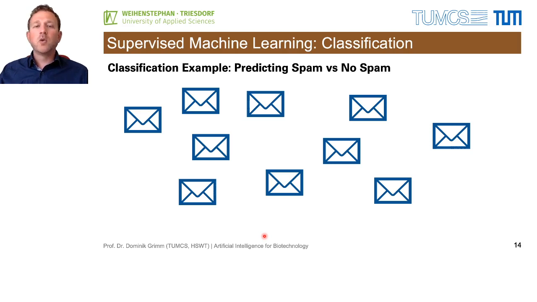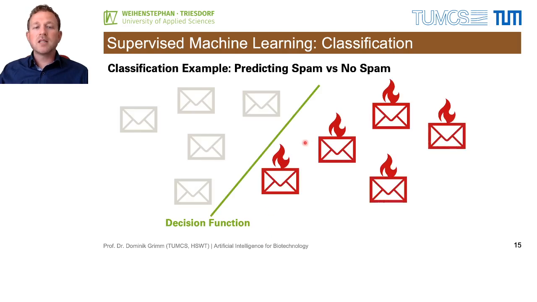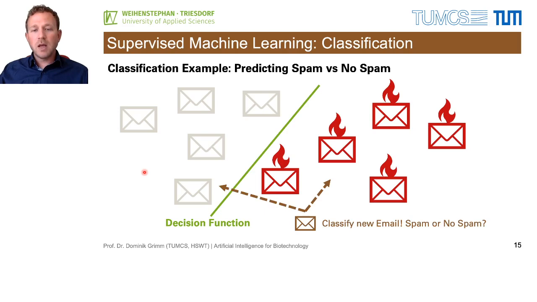So what we try to do in classification is to learn also a decision function that separates these two classes, so that on one side of the decision function are only emails that are spam, and on the other side are only emails that are non-spam. Then the prediction task is that when you get a new email, you would like to classify on which side of the line this decision function it lies, so can it be classified as spam or as non-spam.